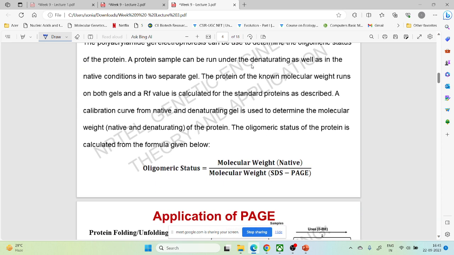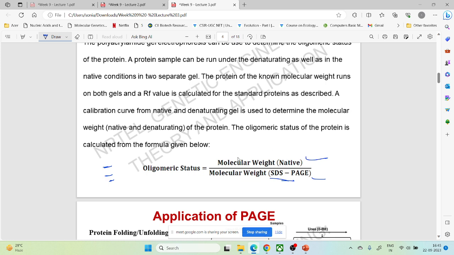Oligomeric status can be determined with a simple formula: molecular weight in native and molecular weight in SDS. In SDS you will have different subunits, because beta mercaptoethanol removes the disulfide linkages and SDS denatures the proteins.